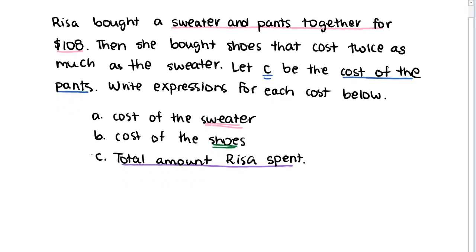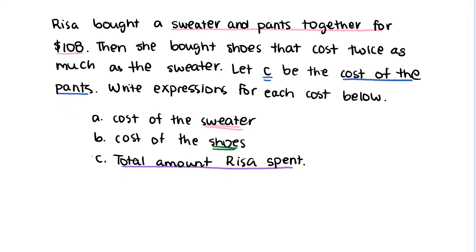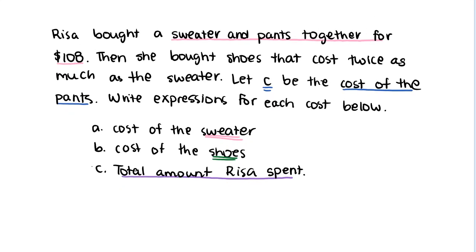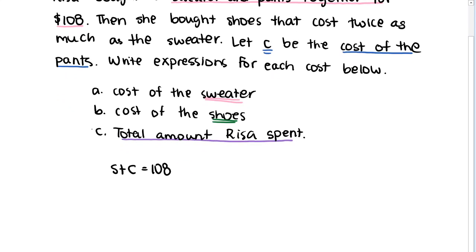And so one way you can look at this is that, well, if we let S be the cost of the sweater, well, then we know that S plus C, the cost of the pants, is going to equal $108. And we can subtract away C from both sides.